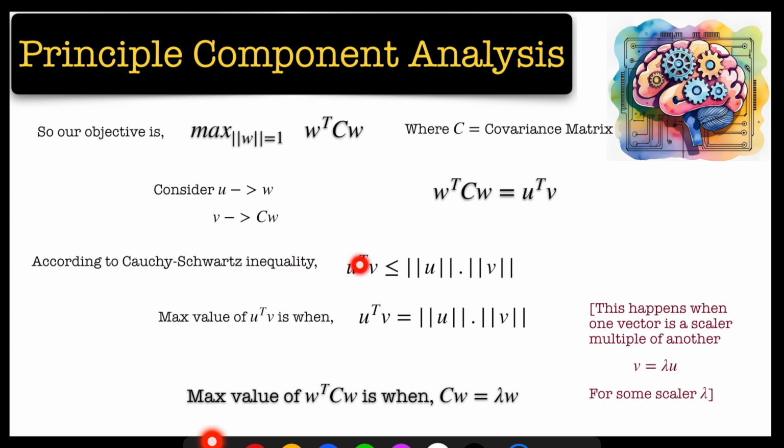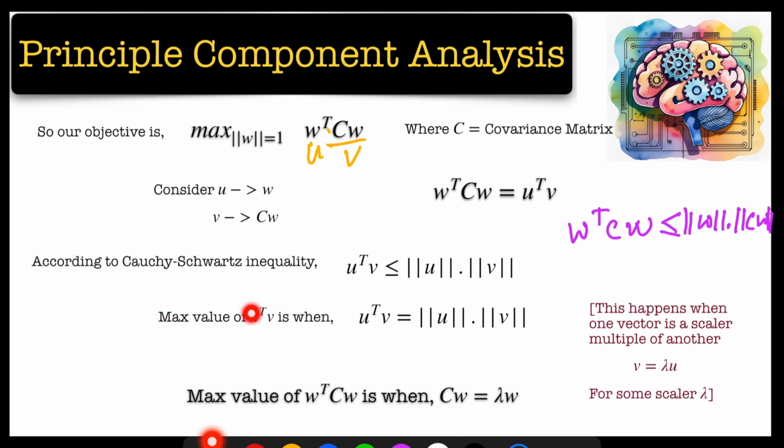What it says is U transpose V is less than or equal to norm U times norm V. So if you write this W transpose CW as U transpose V, where W is U, CW is V, so that means W transpose CW is U transpose V. Now we have this inequality where U transpose V is always less than or equal to norm U times norm V. So in our case, W transpose CW will always be less than or equal to norm of W times norm of CW.